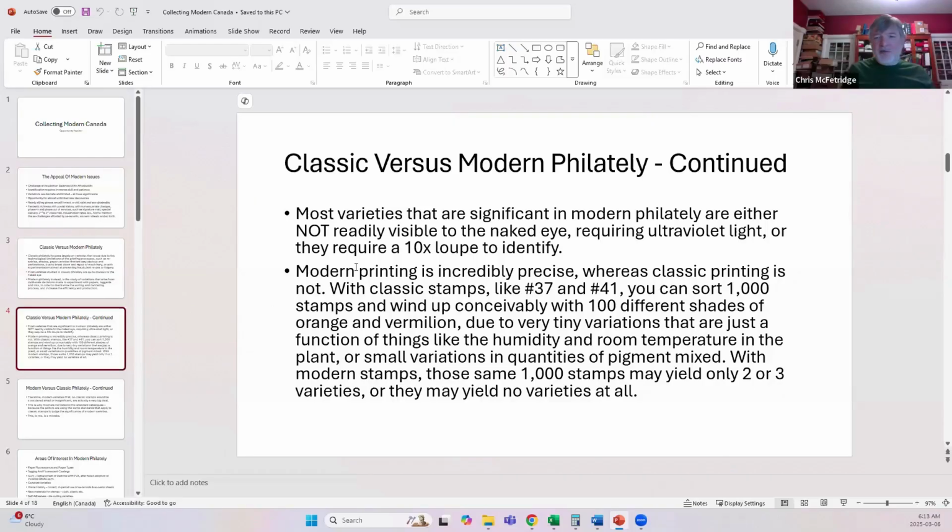With modern stamps, you can have 1,000 stamps and you might sort them and only get 2 or 3 different varieties. And you'll find that probably 950 of them will all be one. And you'll get just a handful of the other variations, if you get anything at all. Quite often you'll go through 1,000 stamps and they're identical in every way.